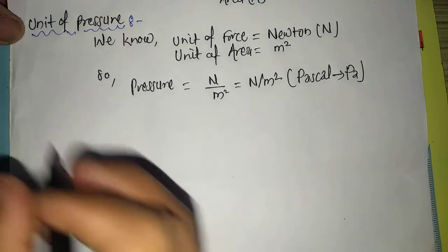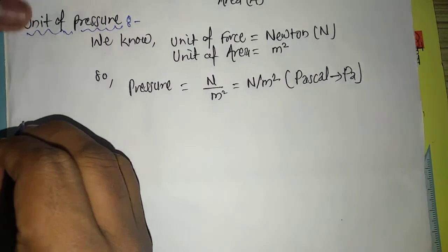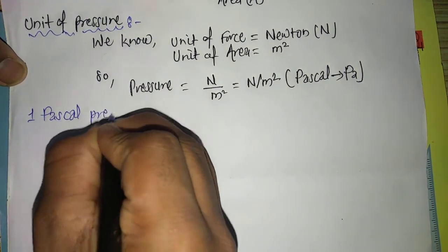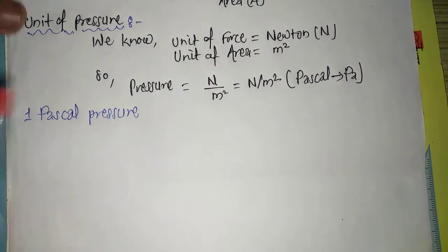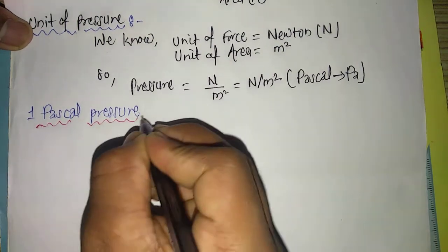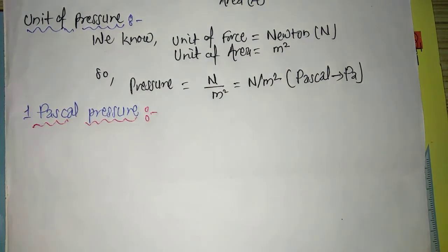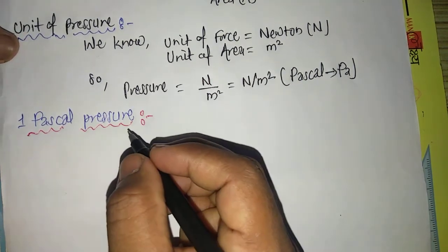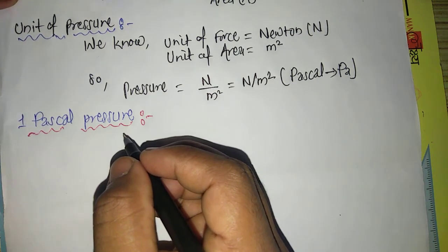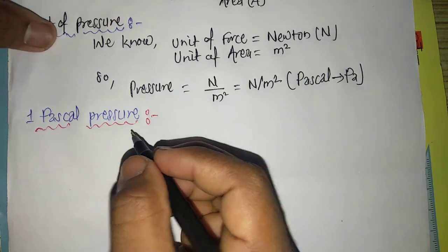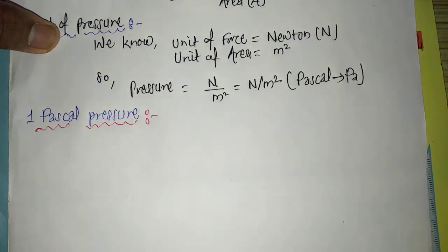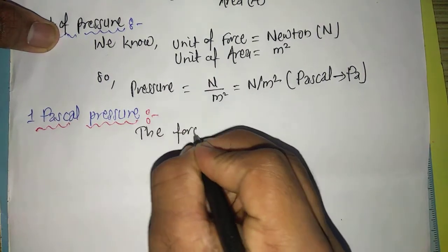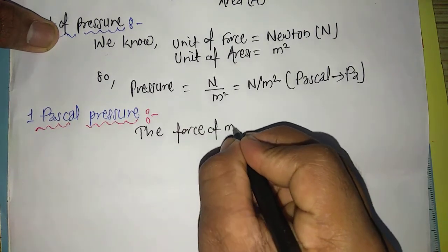Now what is 1 Pascal pressure? Listen. When a force of 1 Newton acts normally, meaning perpendicularly, to 1 meter square area, then the pressure exerted on that area is called 1 Pascal pressure.